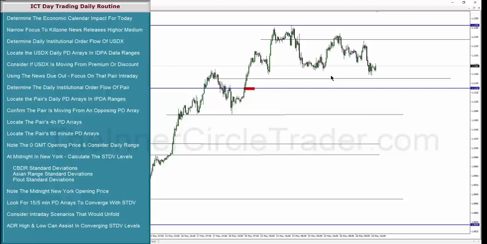So once we have those confluences of standard deviations, average daily range, in line with what we expect in terms of institutional order flow, or the evidences of where we think the bias is going to be based on that daily 4-hour time frame. Once we have that, we use the weekly template to justify what the weekly range may be, and that puts the highest probability in our favor.